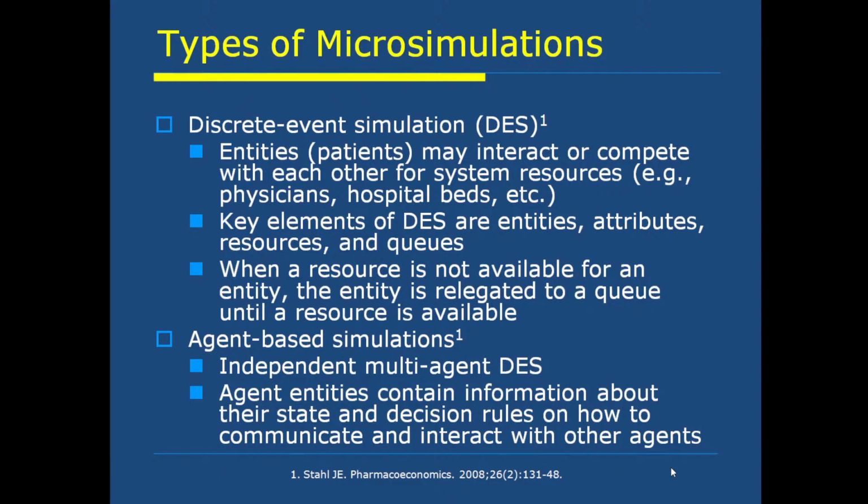Entities or patients may interact or compete with each other for system resources such as physicians, hospital beds, and so on. Key elements of discrete event simulation are entities, attributes, resources, and queues. When a resource is not available for an entity, the entity is relegated to a queue until a resource is available.